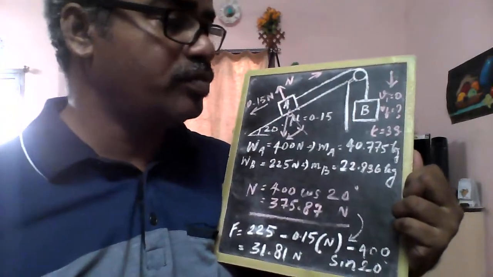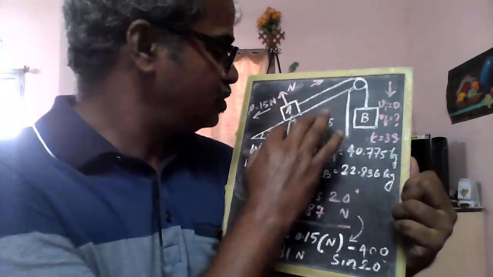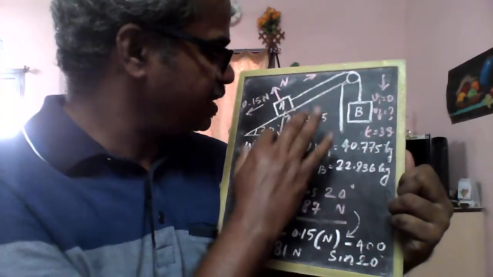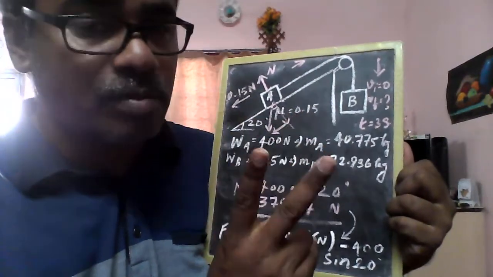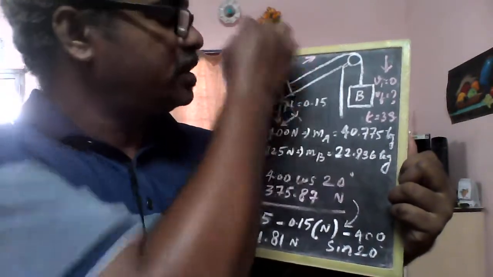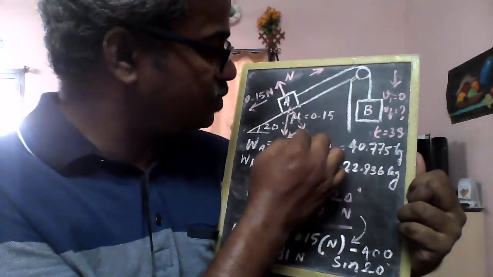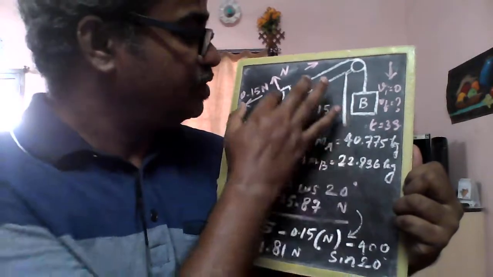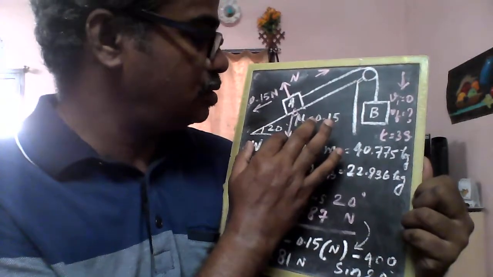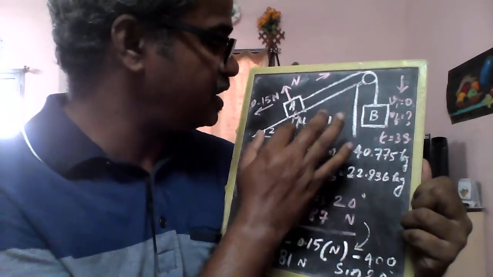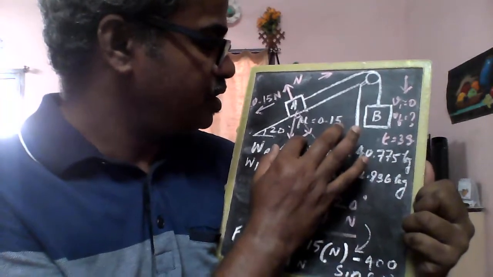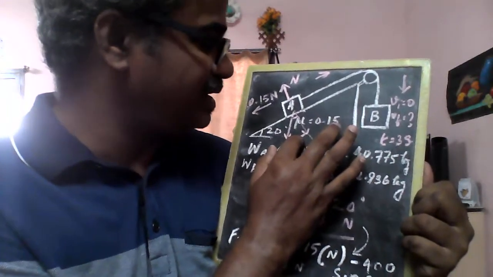As we do in slope problems, we resolve it into two components: the component perpendicular to the slope, equivalent to the normal reaction, is 400 cos 20 degrees, and the component along the slope is 400 sin 20 degrees.